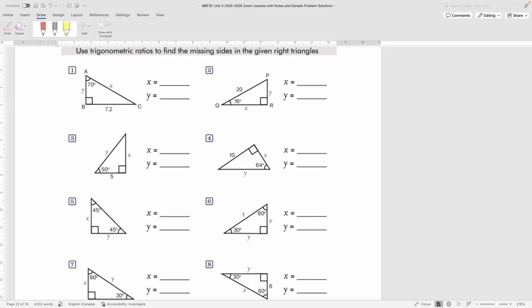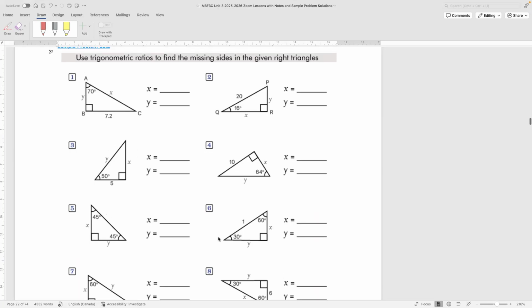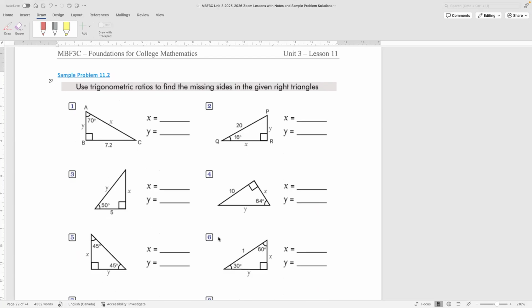Now in these, we were all given an angle. You knew at least one angle, sometimes two. As long as you know an angle and a side, you can do what we did with sine, cosine, and tan.